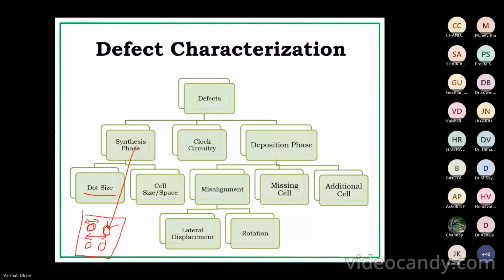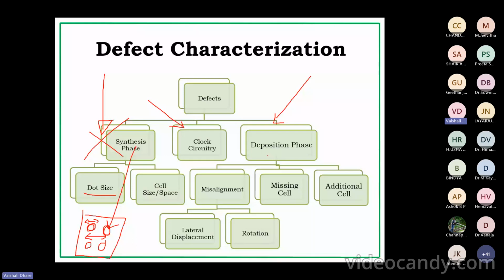The fact is that researchers are not able to analyze the synthesis phase defects because no such fabrication processes are available, or fabrication of this QCA at commercial level is not available. So, being a researcher or faculty member, you can concentrate on the defects in the clock circuitry and deposition phase defects, which are easily analyzed using simulation or the software which we discussed earlier, right?